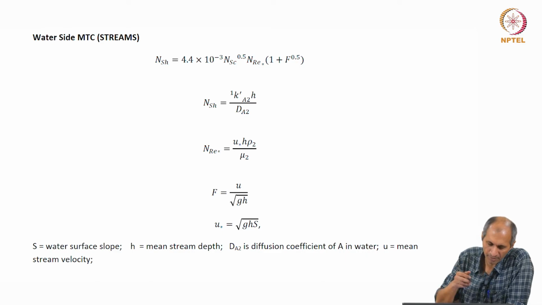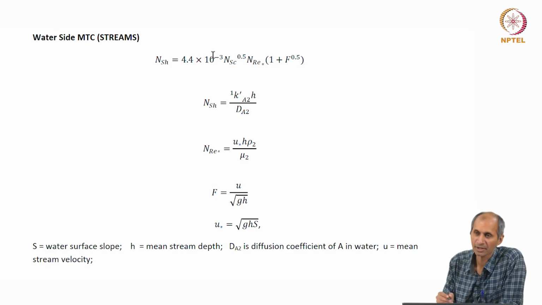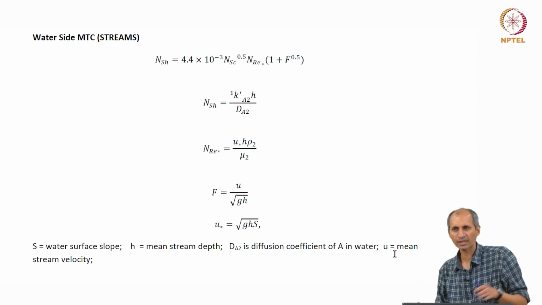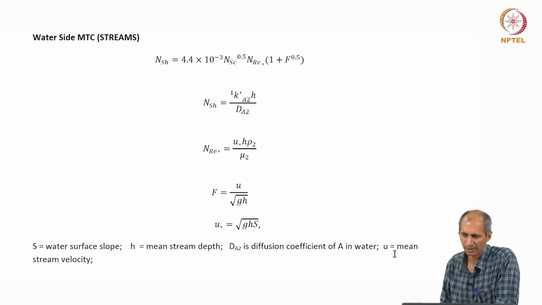So, for streams, if you are looking at water side coefficient for streams, the good correlation standard is where you have a dimensionless number. The advantage of dimensionless is that irrespective of what units you are using, so long as you are using one set of units, you do not have to do any conversion business and all that. So, it is all there in one set. This is an example of a good dimensionless correlation.